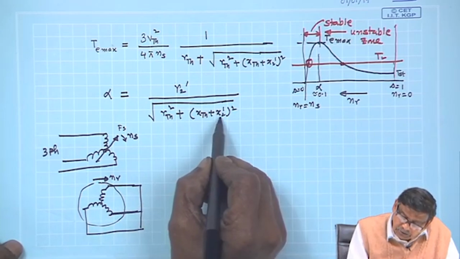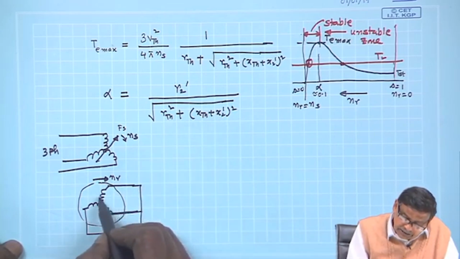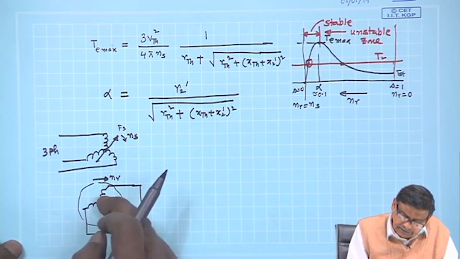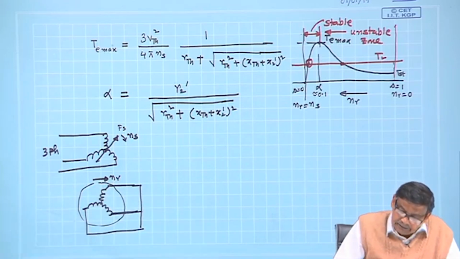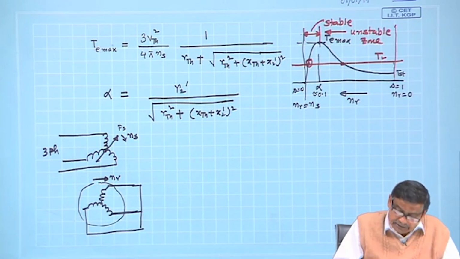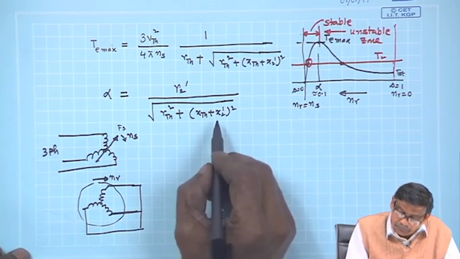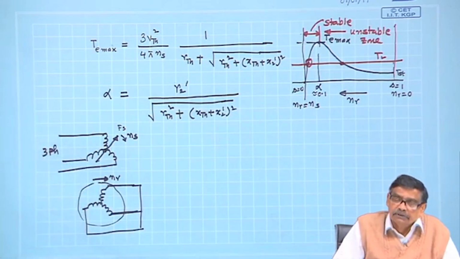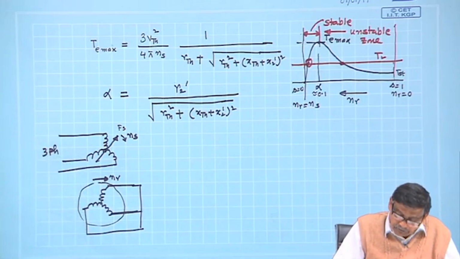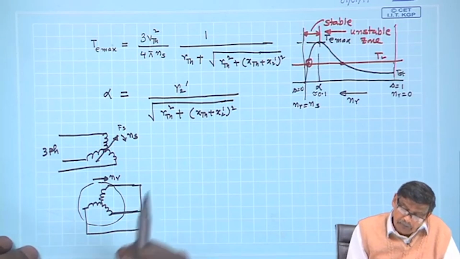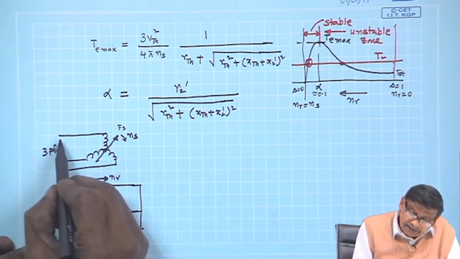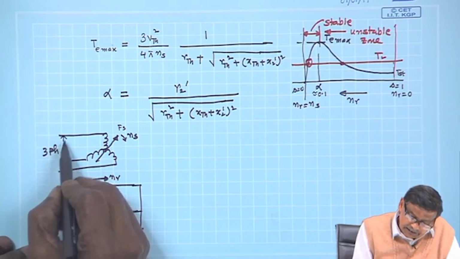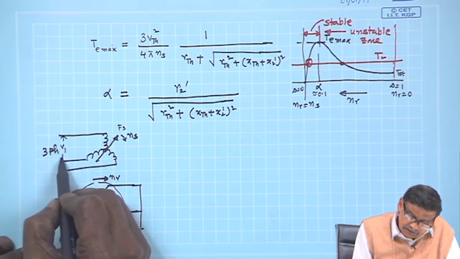Now, this R 2 dash and X 2 dash are the inherent resistance and leakage reactance of the rotor, R 2 and X 2. These are of course reflected values, they should be multiplied by S square terms, we know that. And here the per phase voltage applied is V 1.